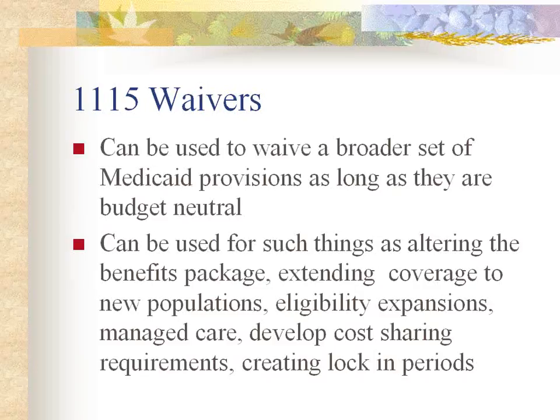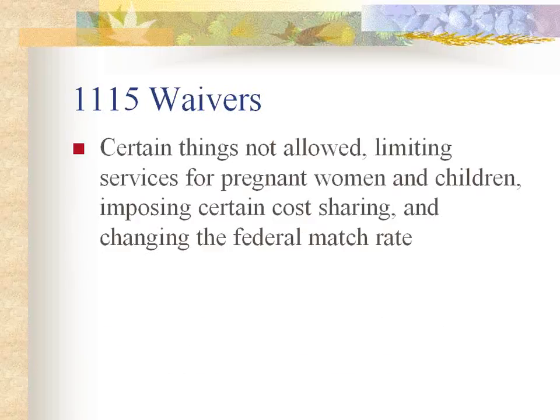So it can be used for such things as altering the benefits package, extending coverage to new populations, expanding eligibility, developing cost-sharing requirements, and creating lock-in periods. Certain things are not allowed, for instance, limiting services for pregnant women and children.